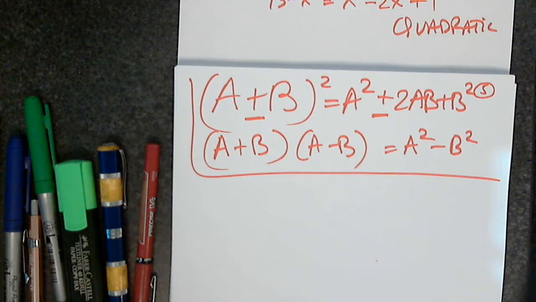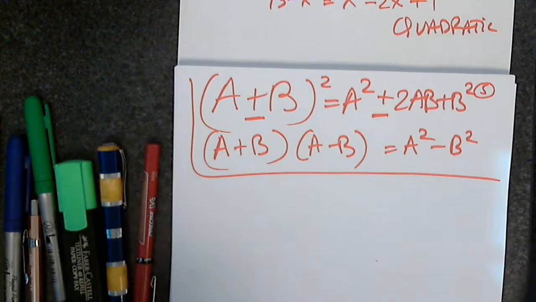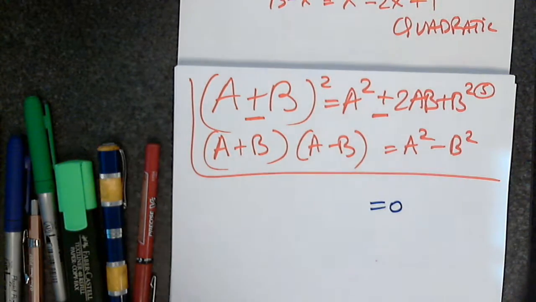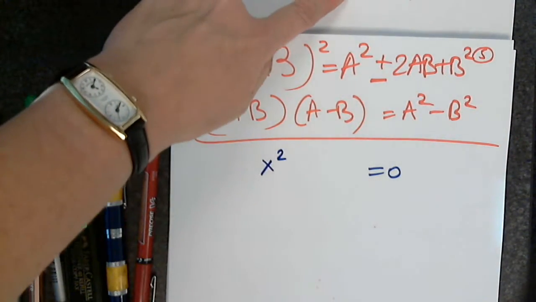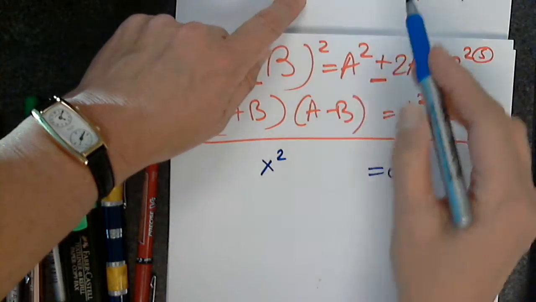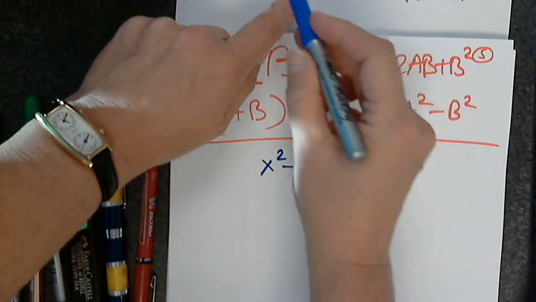How do I solve it? What is the idea? Very good. I have to set it equal to 0. Perfect. Good. So I have x squared, x, so very good, minus x. And then?